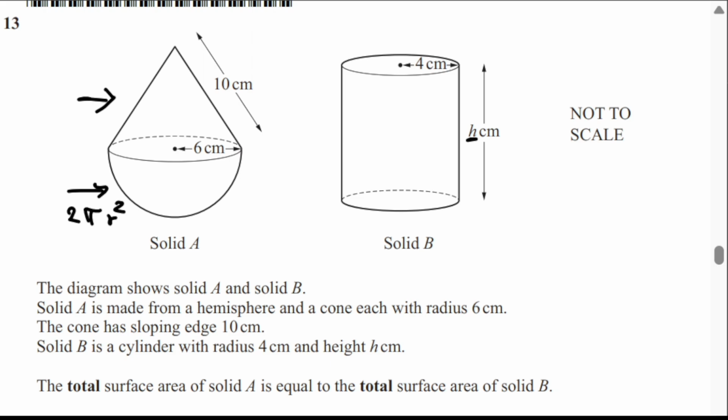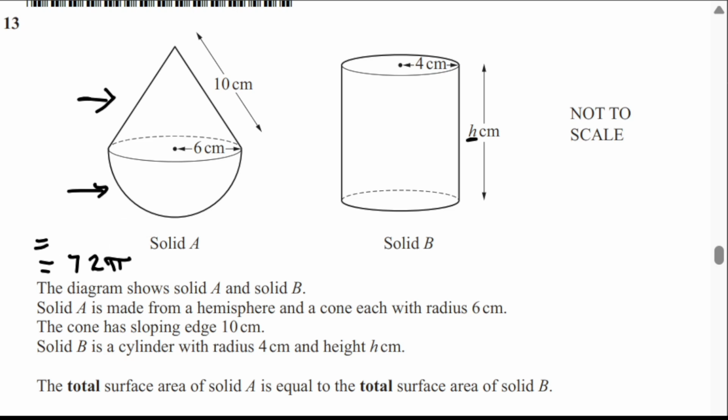Now let's substitute. It's 2 pi times the radius, which is 6 squared, so 36. 6 squared is 36, times 2 is 72 pi.